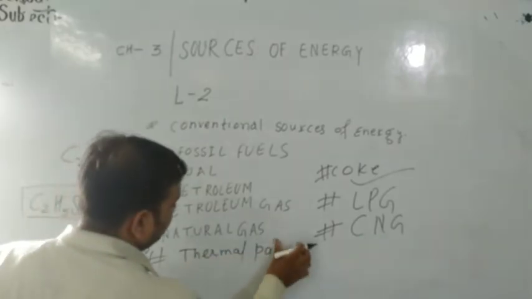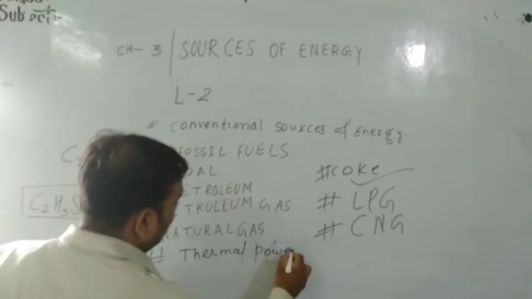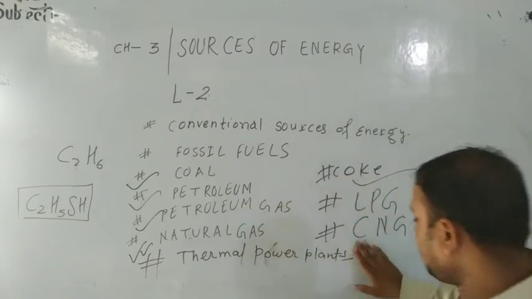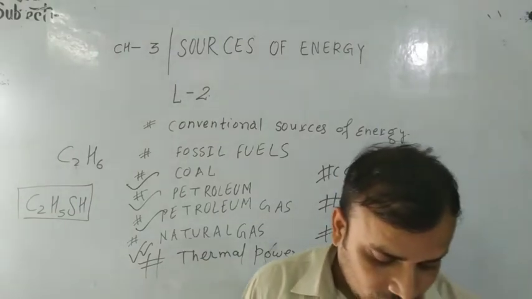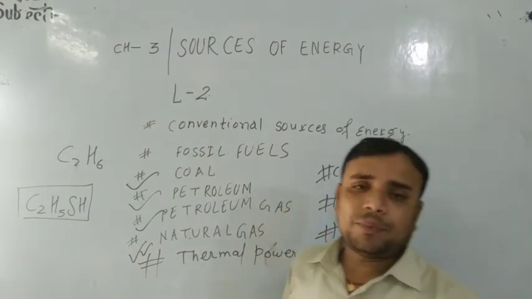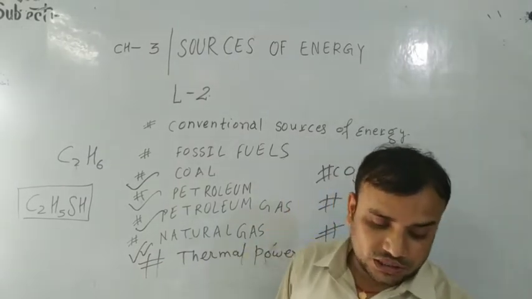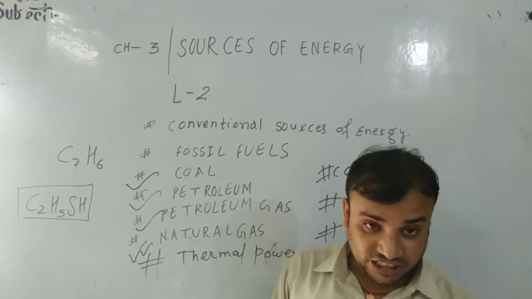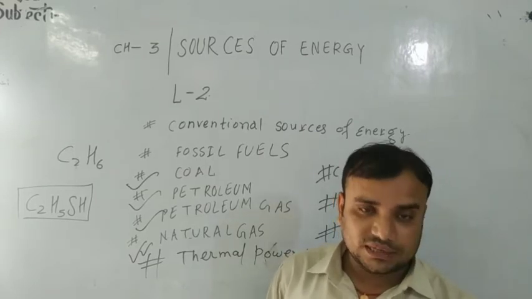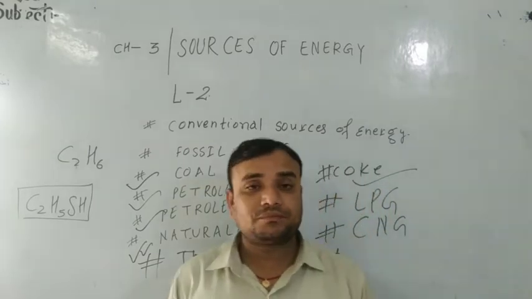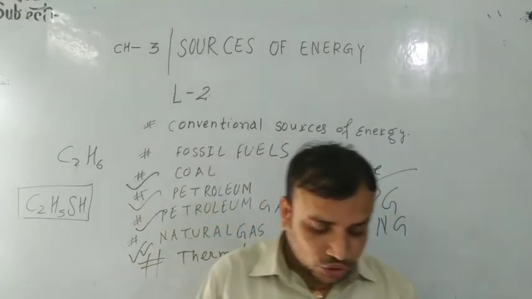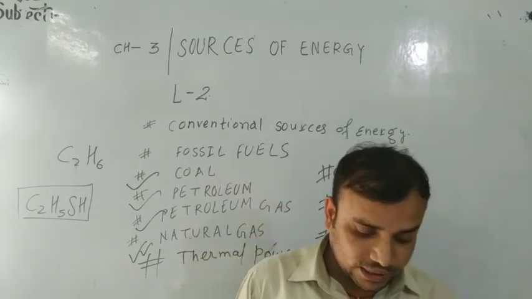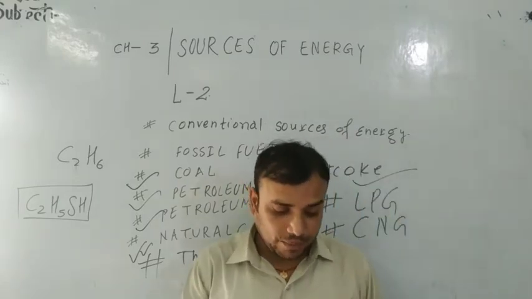A thermal power plant is a power plant in which the heat required to make steam to drive a turbine, like a fan, to make electricity is obtained by burning fuel, coal or oil or gas.